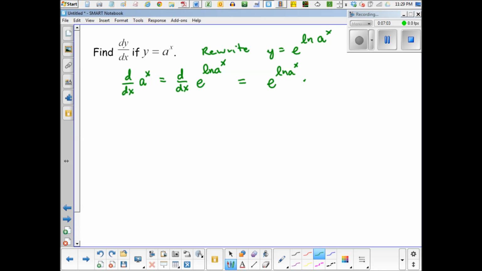Okay, so the derivative of that something we have to figure out. So we need to find d/dx of ln a to the x. That's the something that's up here in the e. Okay, fortunately there's a different way to write ln of a to the x, and that is using x ln a.